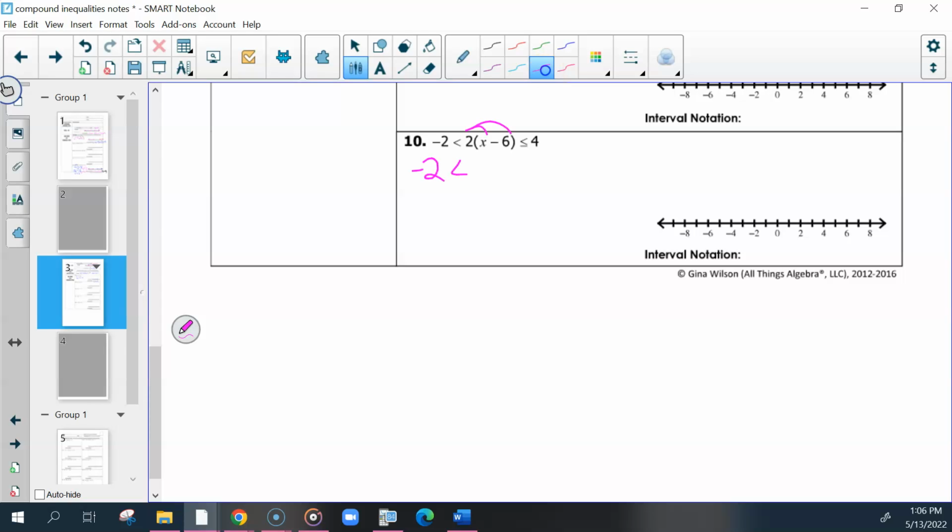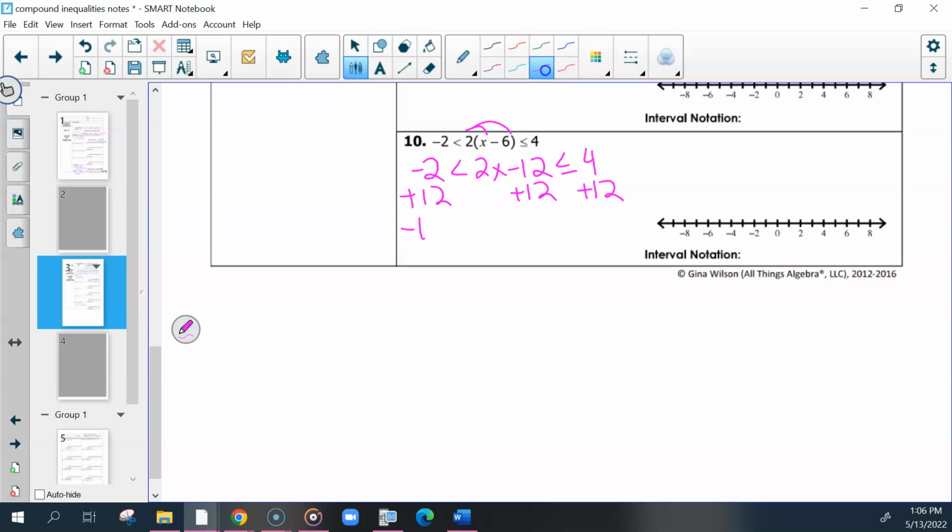So negative 2 is less than 2x minus 12 is less than or equal to 4. And then what would we do next? Add 12 to everything. So here in the middle and on the outsides.